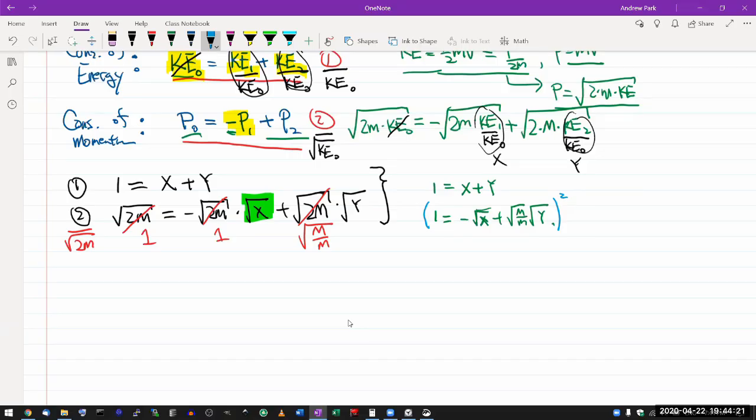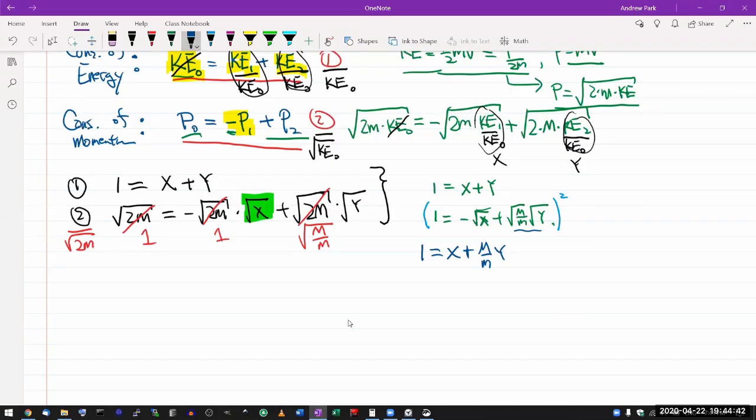So I'm squaring, I get expression 1 is equal to square root of this is plus square root squared, so just x. And then let me just do this term squared. That's going to be plus the ratio big M over small m times y.